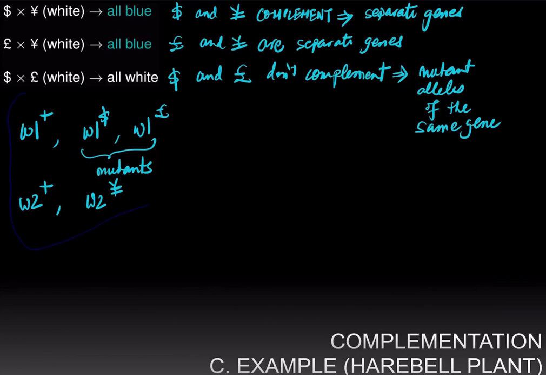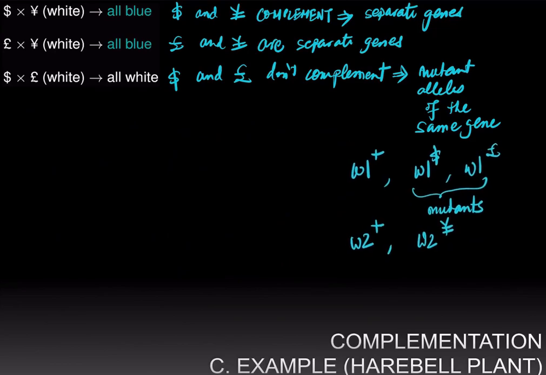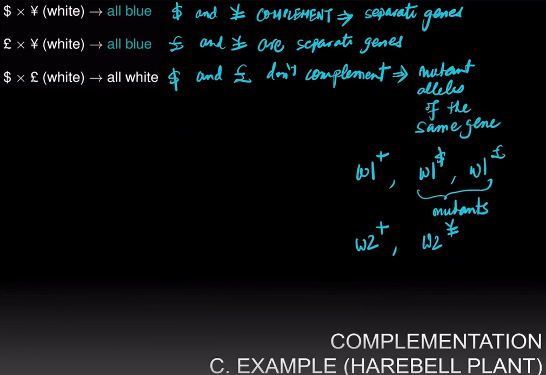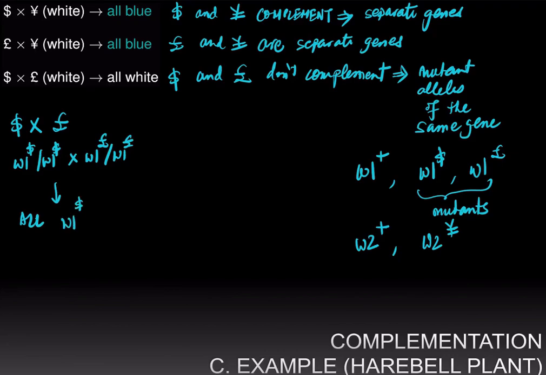So when we cross the dollar and the pound strains, we are in fact crossing a pure breeding strain dollar, so it's W1 dollar over W1 dollar, with the other pure breeding strain, which would be W1 pound over W1 pound, and all progeny are going to be trans heterozygotes, W1 dollar over W1 pound.